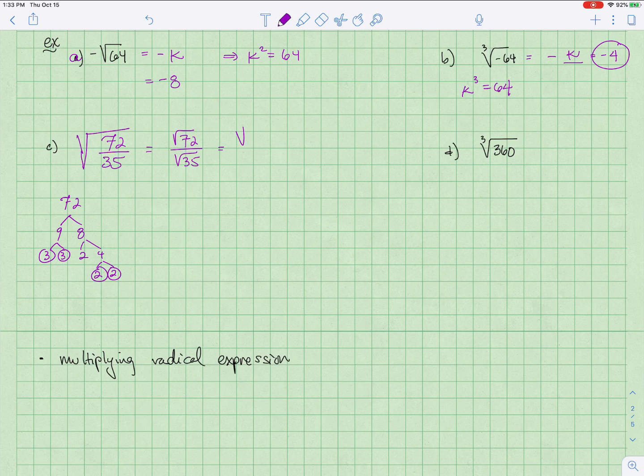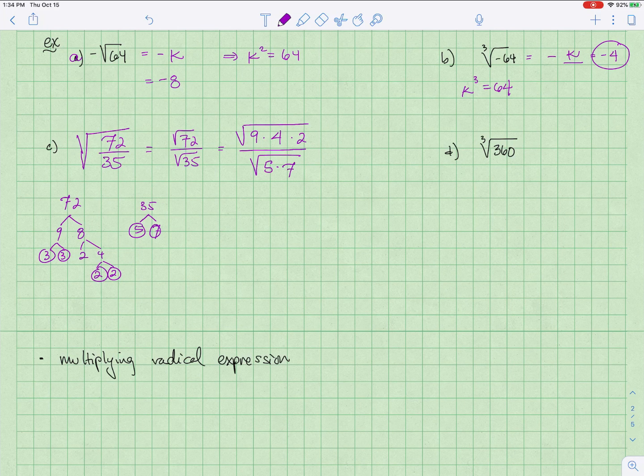That's another perfect square. So if I rewrite 72 in terms of perfect squares, that's 9 times 4 times 2. The denominator is, well, 35 isn't too spectacular. That's 5 and 7, so there's no perfect squares there, but I can rewrite it as 5 times 7.